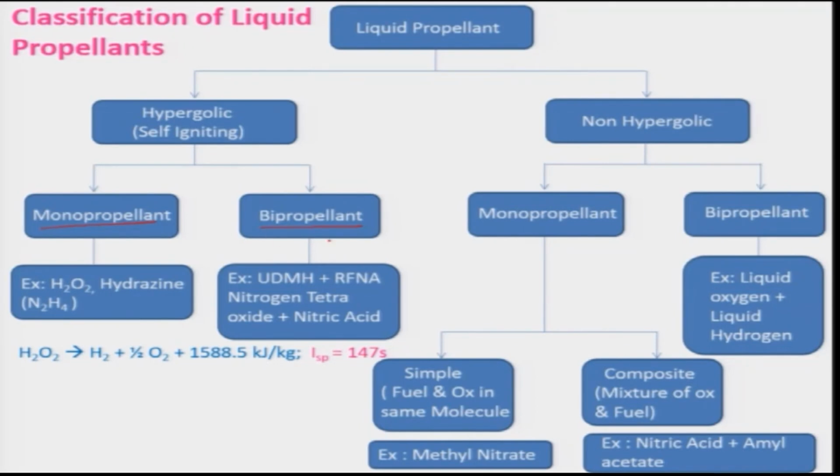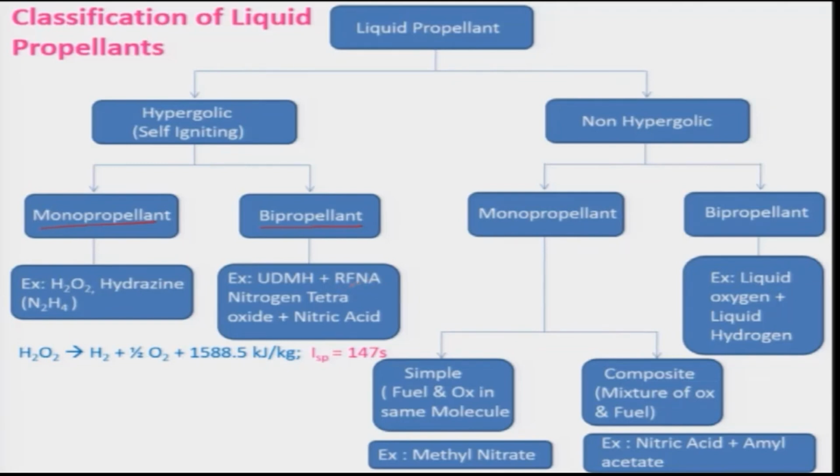And bipropellant is one in which both the fuel and oxidizer are used, and this of course comes under the hypergolic propellant, and some examples are UDMH, that is unsymmetrical dimethyl hydrazine as a fuel, and RFNA as an oxidizer.